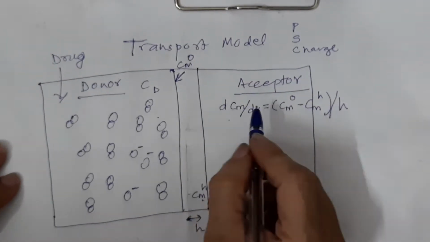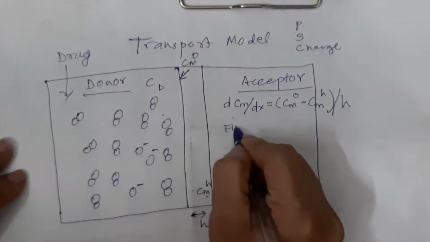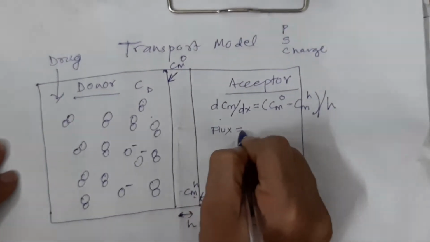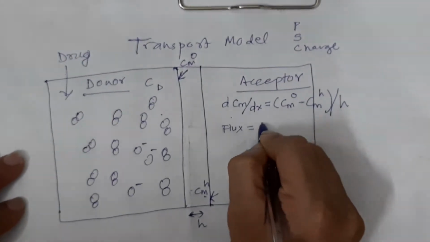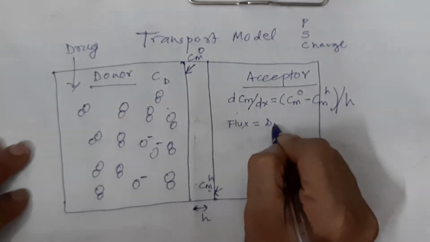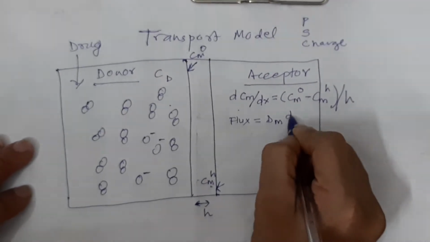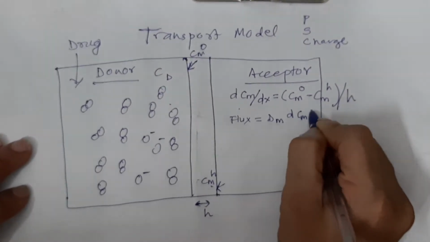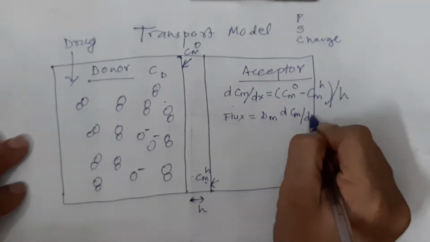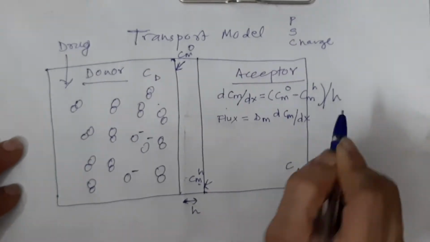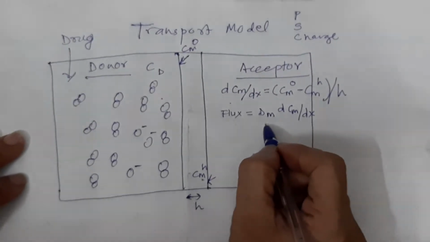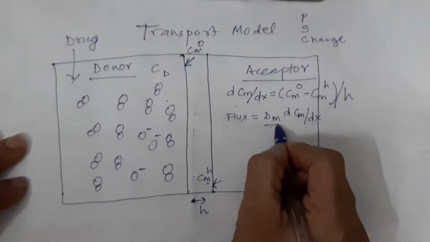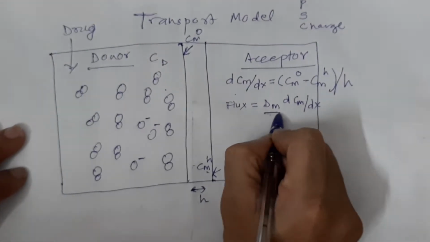As per Fick's first law, we can give the equation for the flux, or the amount or rate of the drug getting transported, that is dm into dcm divided by dx, the rate of change in the concentration. This is proportional to, and the coefficient involved is the diffusivity.